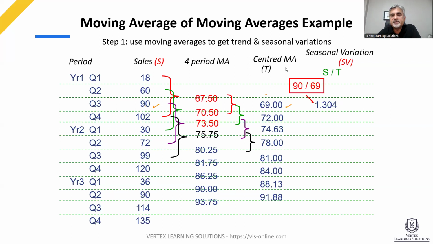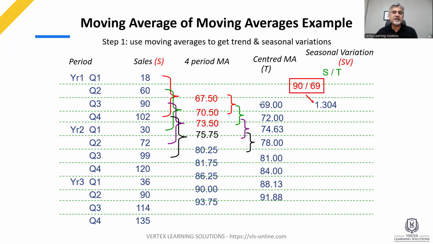It says that in quarter number three, the actual value is 1.3 times more than the average number. So whatever the average is, multiply it by 1.3 and you will get the actual value. 1.3 means 1.3 times.